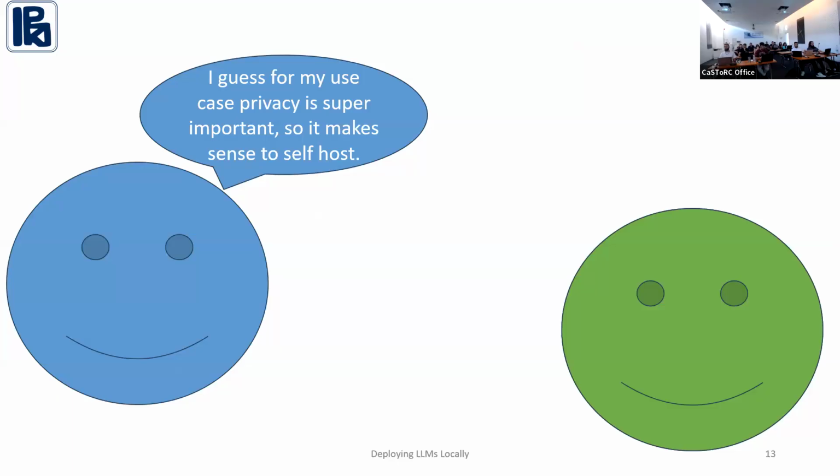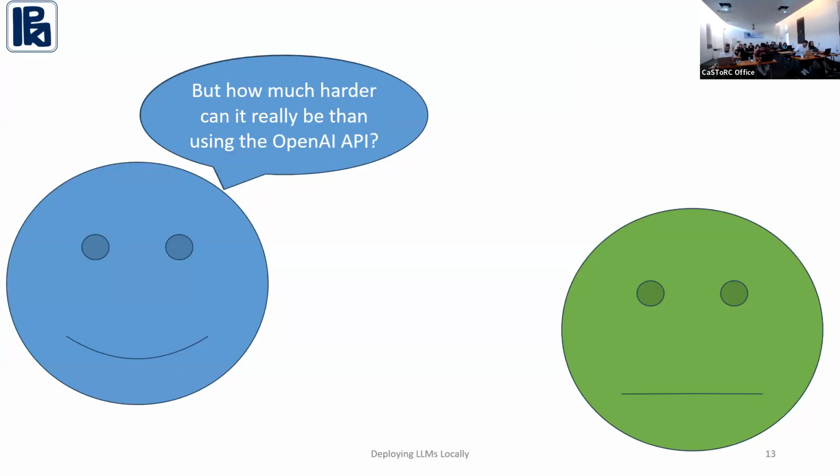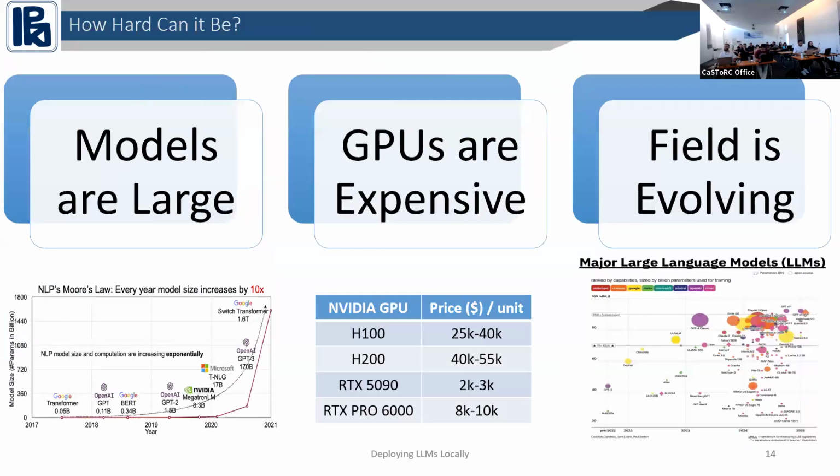So it makes sense to self-host if your concern is security, but the question is how much harder it really is than using the OpenAI API. And the answer is it's much harder, actually, because you have to deal with a few things that are not very straightforward.